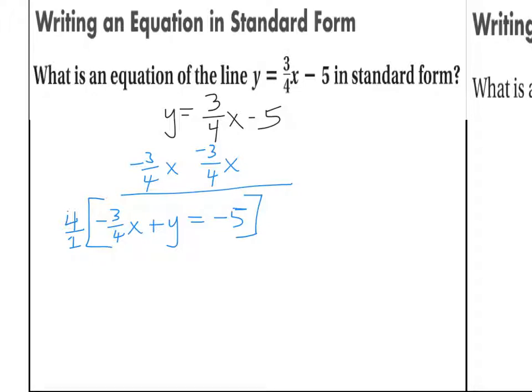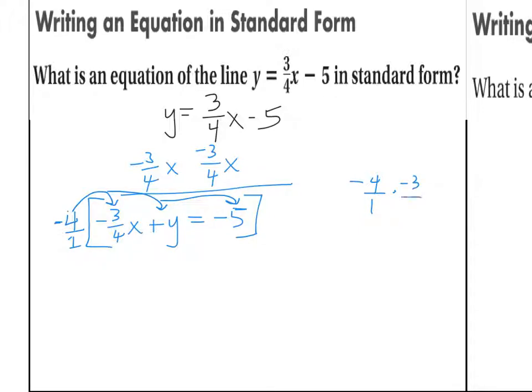Then I'm going to distribute this 4 to the y and to the negative 5. Over here I've got 4/1 times negative, and excuse me, it's going to be negative 4/1 because the a value has to be positive.